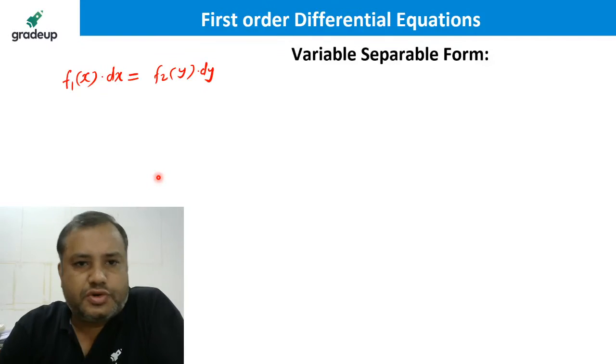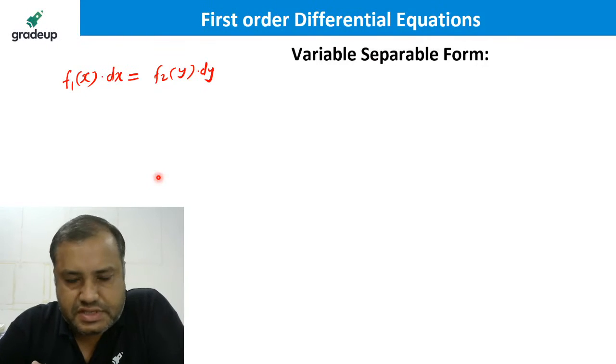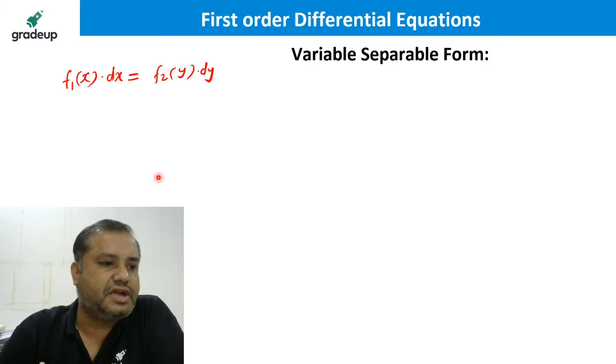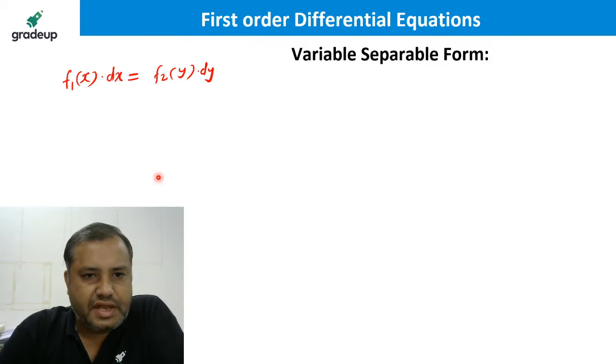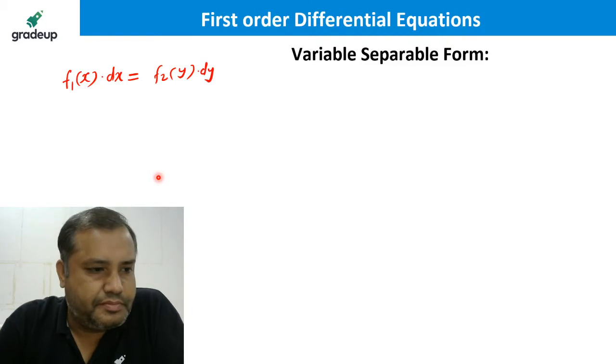If you are able to separate the variables x and y on either side of the equal to sign, then it will be a variable separable form.